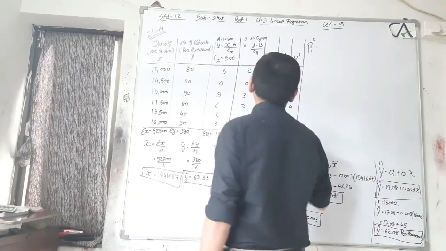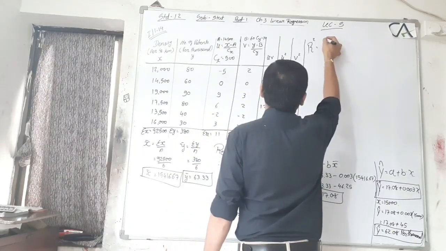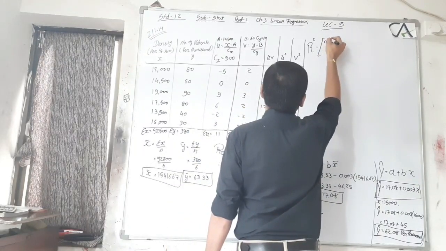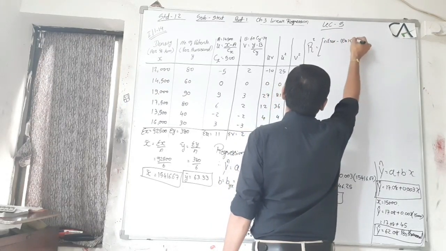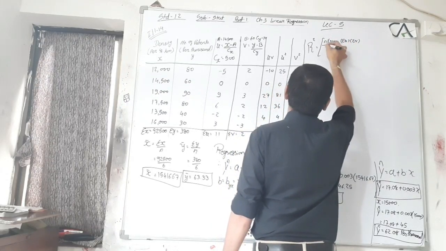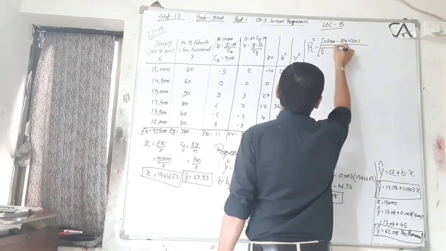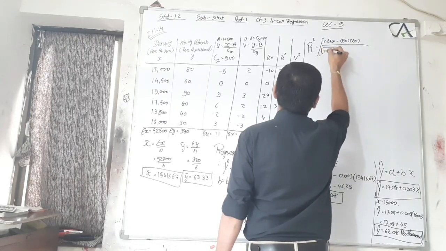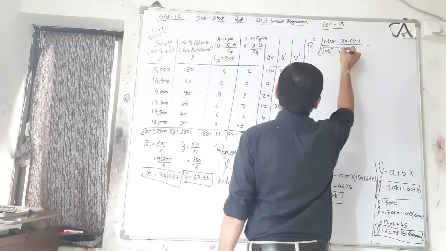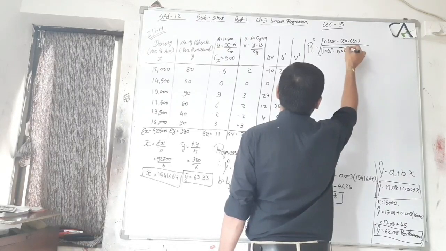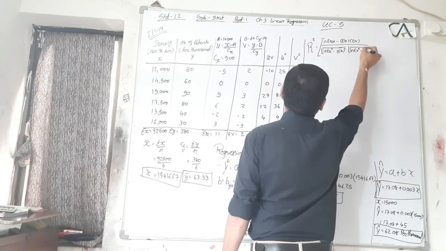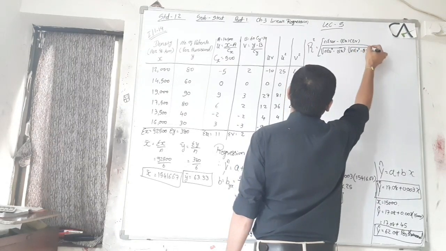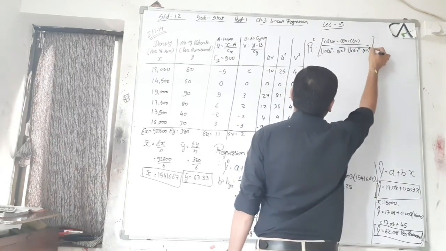For that, which formula do we have to use? n sigma uv minus sigma u into sigma v upon square root of n sigma u square minus sigma u whole square, into square root of n sigma v square minus sigma v whole square.